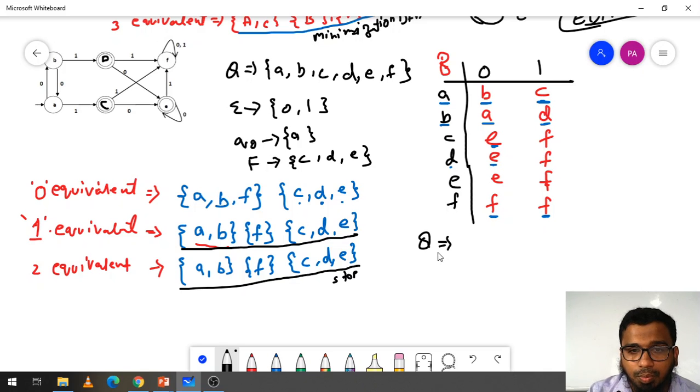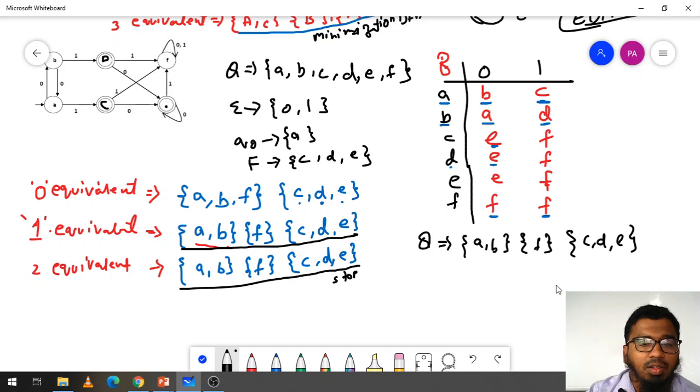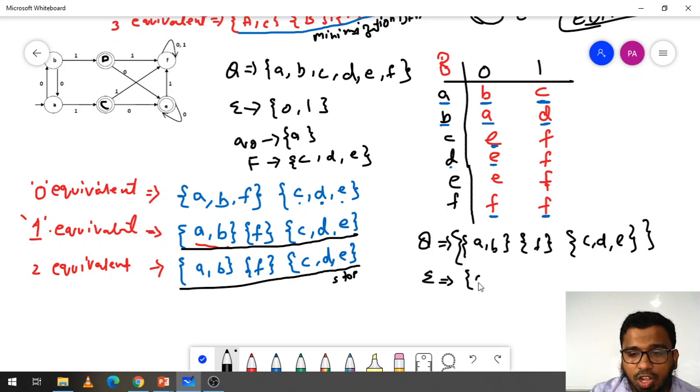Q is A, B, F, and C, D, E. Okay, these are the states we got, on the input Sigma 0, 1. And what is the initial state here?